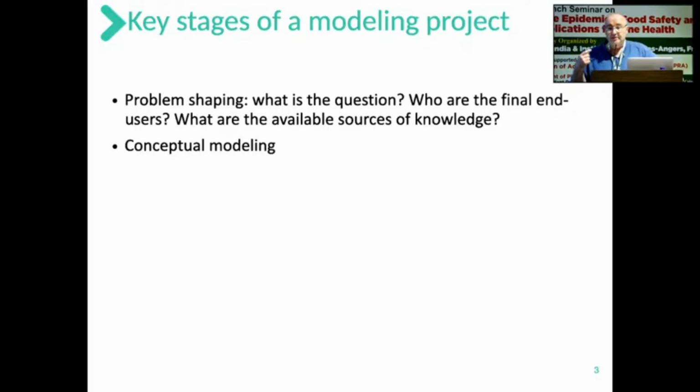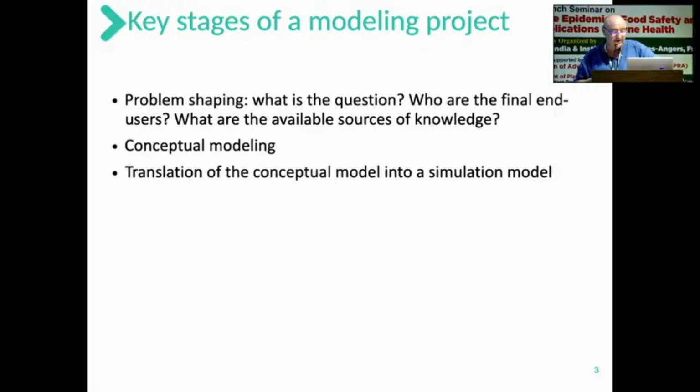Then comes the phase of conceptual modeling. I don't know if you understand what I mean by conceptual. It's when you go on a white paper and you draw arrows and blocks and you say, okay, this variable should play a role in this system, and it's a very important phase of a modeling project.